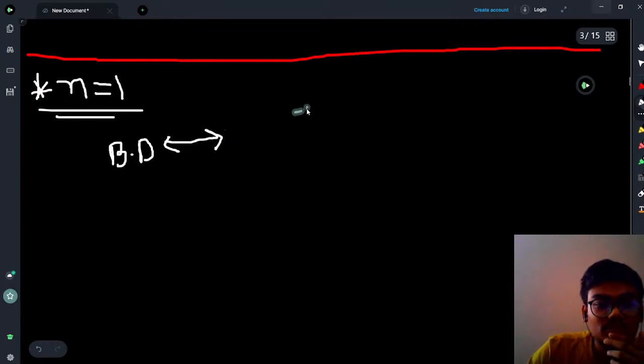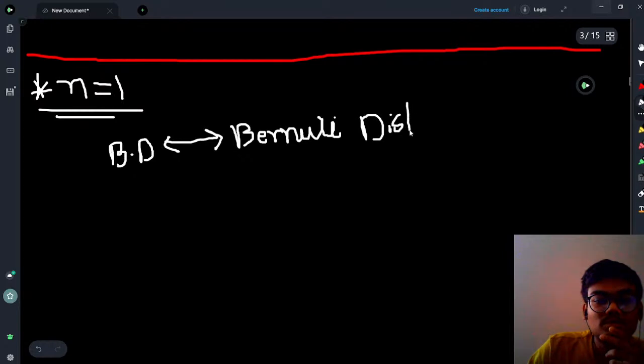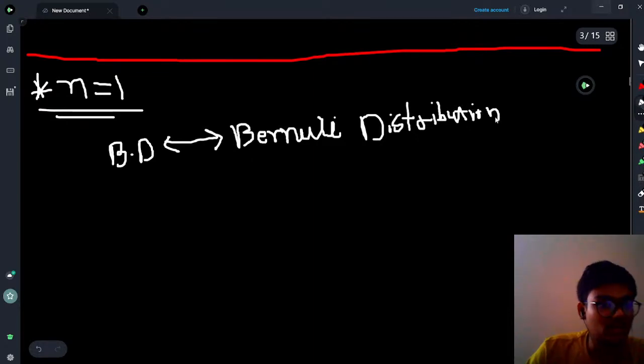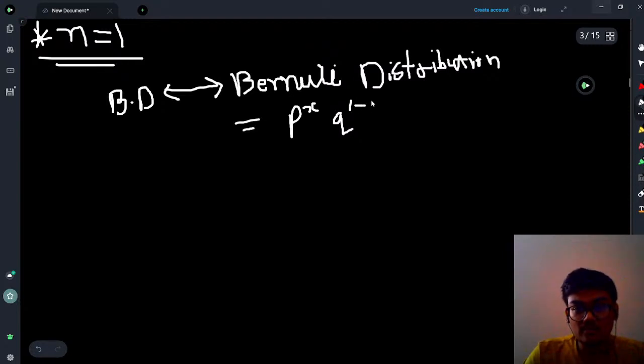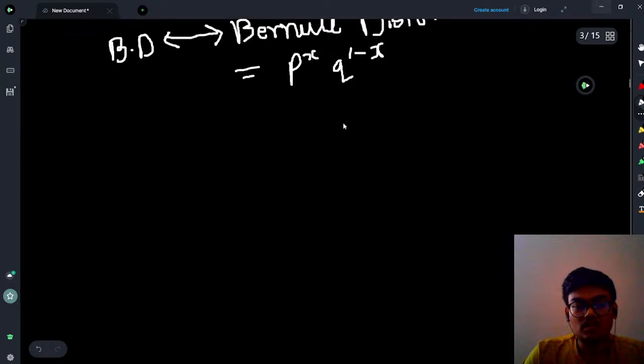I know my spelling isn't good. It has the same formula, the same properties, but here we are dealing with only n equal to 1, meaning the number of trials is 1. The formula is p raised to x, q raised to 1 minus x, because here we have n equal to 1.